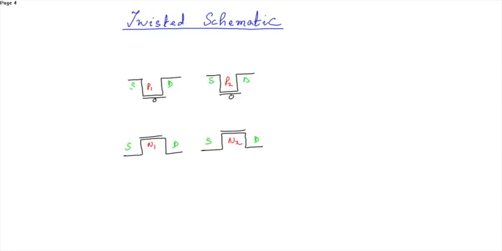So now you have to connect the select line. This is the select bar. This is one gate. Now this gate is connected to this gate.